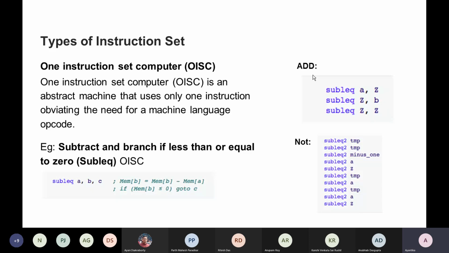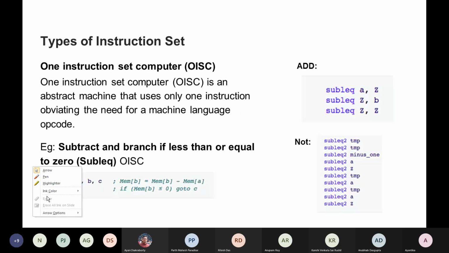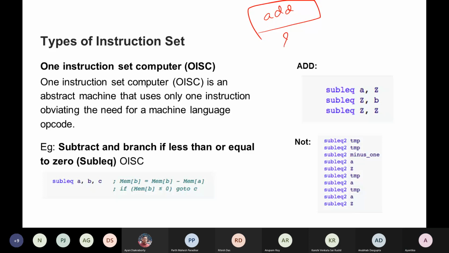Whatever my ALU, my processor, is supporting, for example, if my processor supports add or the underlying adder, then only I can implement add, or sub. If some mapping is there in my arithmetic logic unit, then only I can implement sub. This is not fully true. We will take the example of a one instruction set computer.